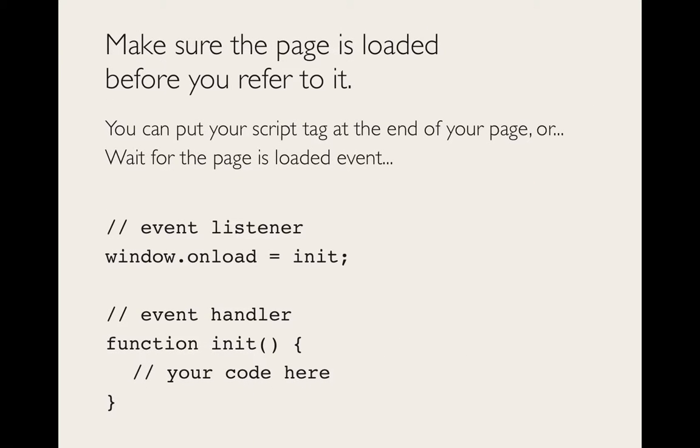Now, one thing we always want to do is make sure a page is loaded before you refer to objects on the page, because if you have JavaScript that says, hey, where's this paragraph, and it doesn't exist yet, you tend to run into a few problems. So what you do is you test and make sure the window is completely loaded, then run your code. And what you do is you say the load event for the window.